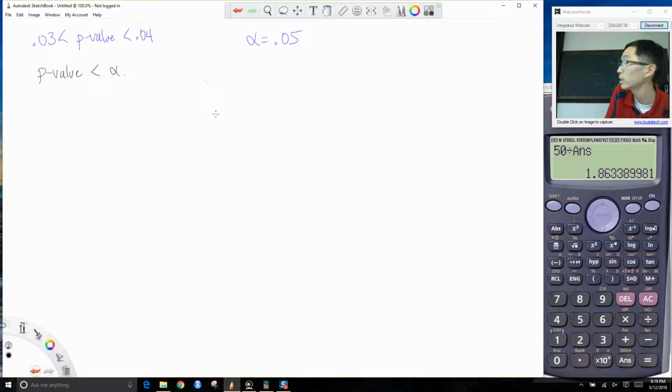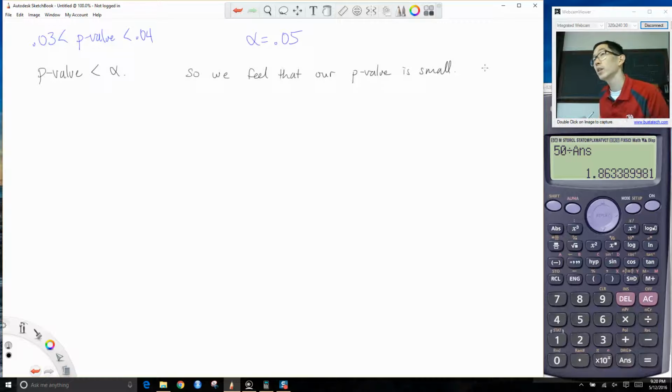So our p-value is less than alpha means we feel like our p-value is small. And when we say our p-value is small, this means that we do not think our data was a result of random chance alone, that it is too unlikely for it to have been a result of random chance alone.